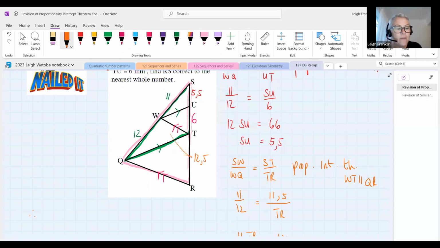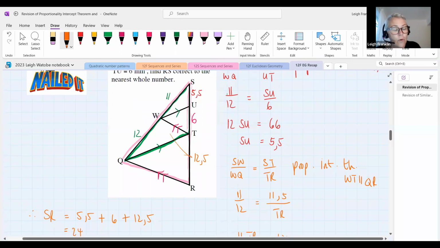Okay, so therefore, as we had said in the beginning, the length of SR is the sum of SU and UT and TR. So that gives us a final answer of 24. Okay, everybody good with that?